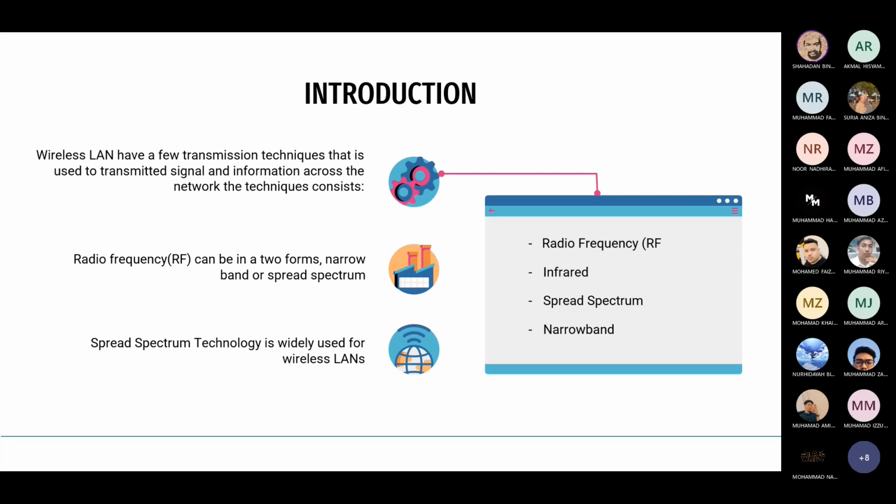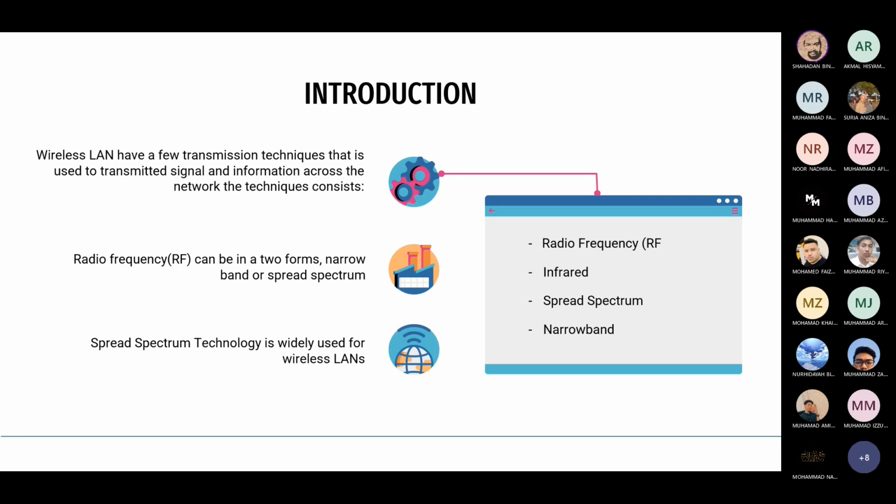So as you know, the wireless LAN has a few transmission techniques that are used to transmit the signal and information across the network. So they have various techniques that are used to transmit the information or packets across the network to make the communication easier.